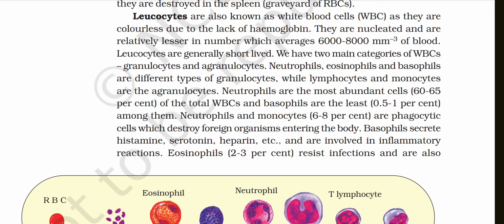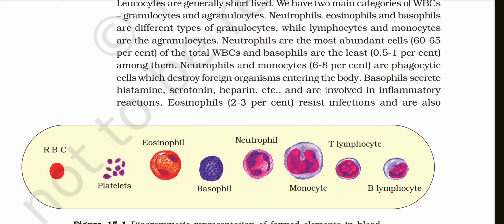Here we use one of the mnemonics called NLMEB: neutrophil, lymphocytes, monocyte, eosinophil, and basophil.